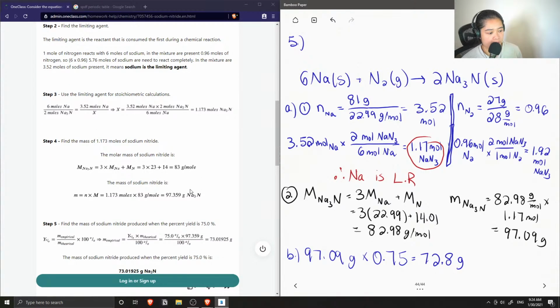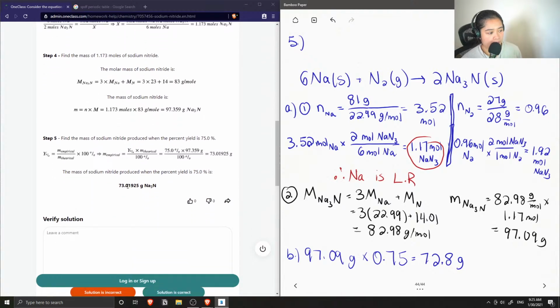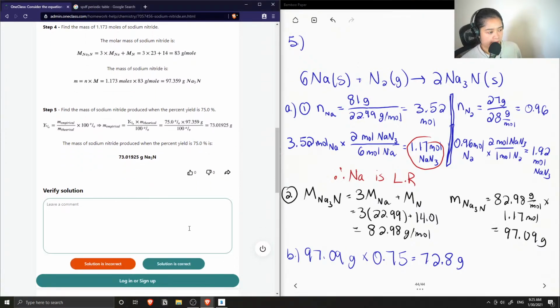They converted this to grams and got around 97, and multiplied that by 0.75 and also got around 73 grams produced. So the solution is correct.